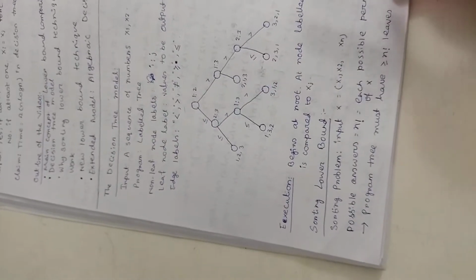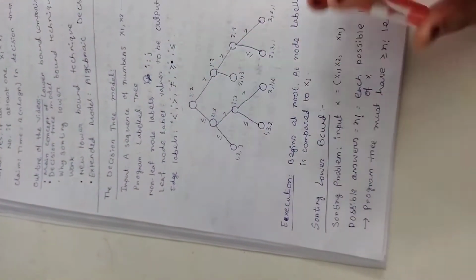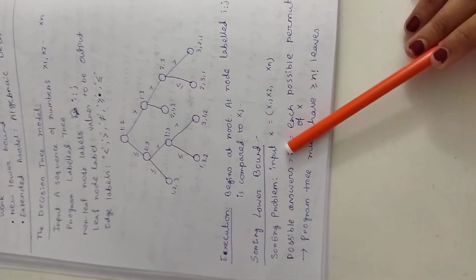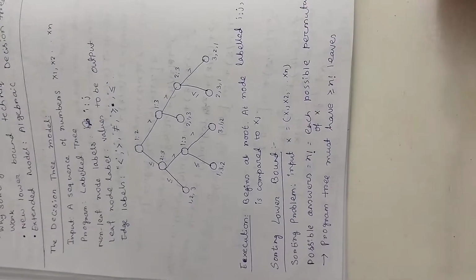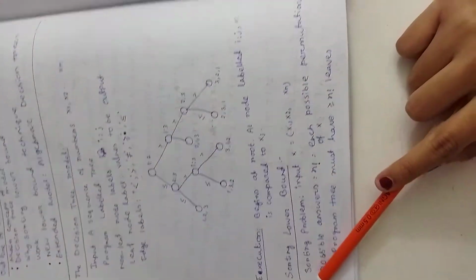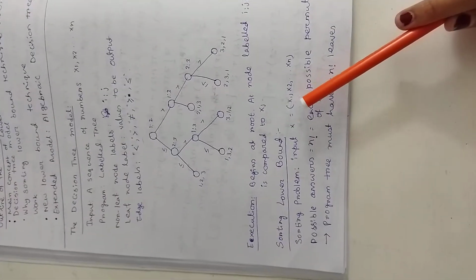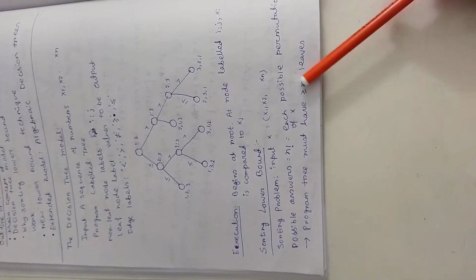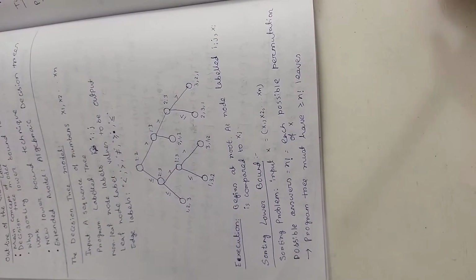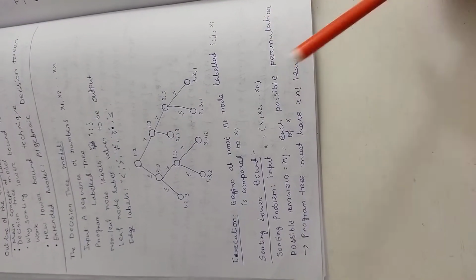All those indexes will be compared to each other, and then we will find how to get the sorting lower bound. In the sorting problem, we are taking one input from x1 up to xn, and we can get n factorial possible answers, each possible permutation of x.